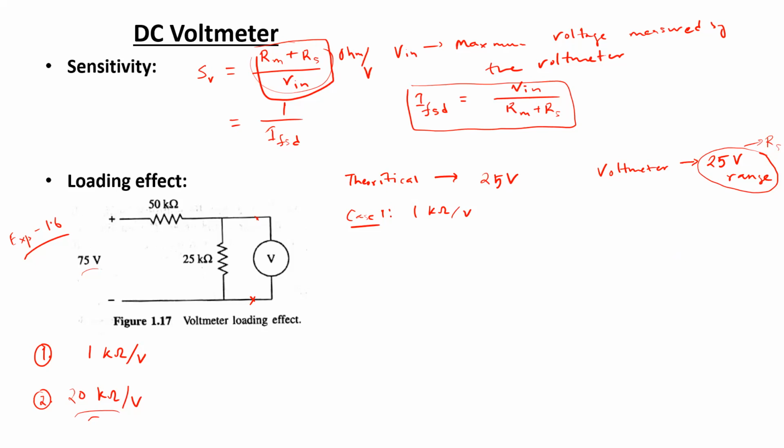So a voltmeter that is having a 1 kilo ohm per volt sensitivity. The voltmeter resistance, which is the summation of RS and Rm, would be 1 kilo ohm per volt multiplied by the range selected, which is 25 volts, and that would give us 25 kilo ohms.